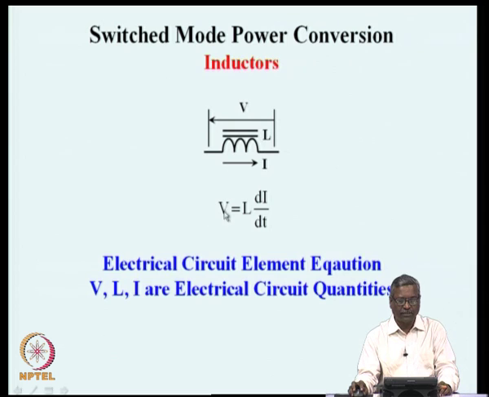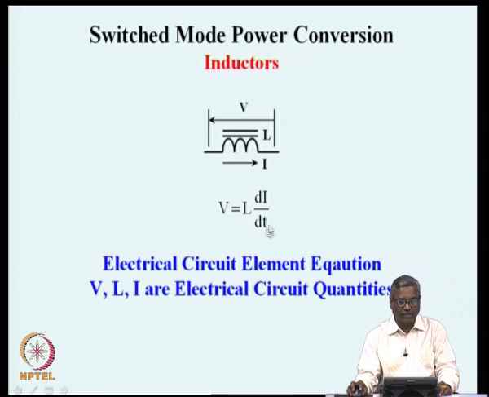The characteristic of the inductor is represented by the relationship between V and I, and this is a differential equation which relates the voltage across the inductor to the current flowing through the inductor through the element value L. V is equal to L into di/dt, or the voltage across an inductor is proportional to the rate of rise of current through the inductor, and that proportionality constant is what is defined as the inductance.